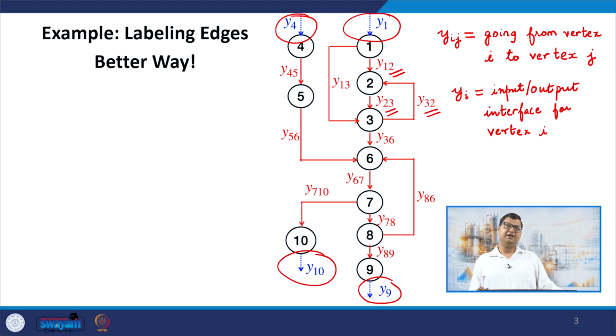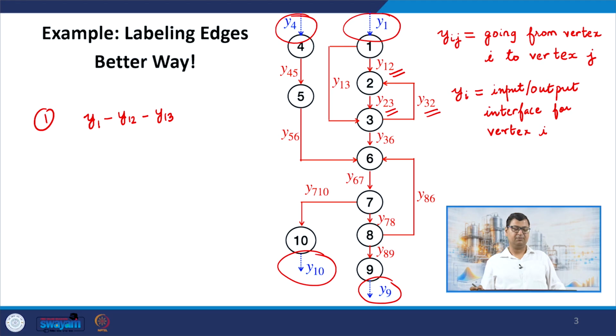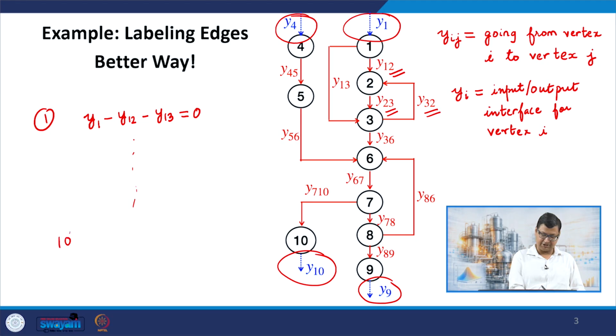And now we can write in a general form, for example for vertex 1, we are going to have y1 that is coming in, minus y12 minus y13, the two outputs going from vertex 1, and that should be equal to 0 at steady state, right. In a similar manner, we can write equations for all the vertices. Let us say for the 10th one, we have y710 minus y10 is equal to 0, right.